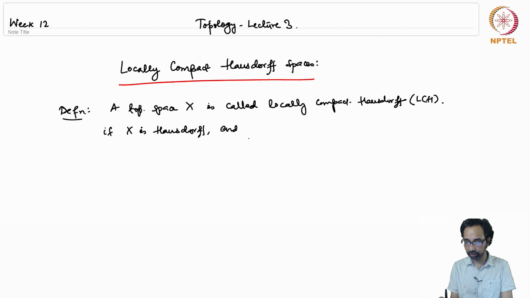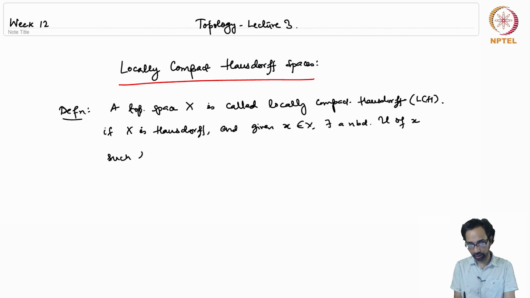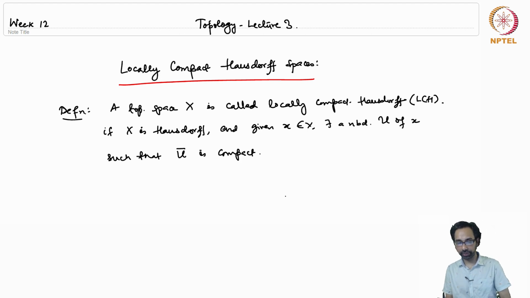So what is meant by locally compact? Given x in X, there exists a neighborhood U of x such that U closure is compact. So this means that every point has a neighborhood whose closure is compact.